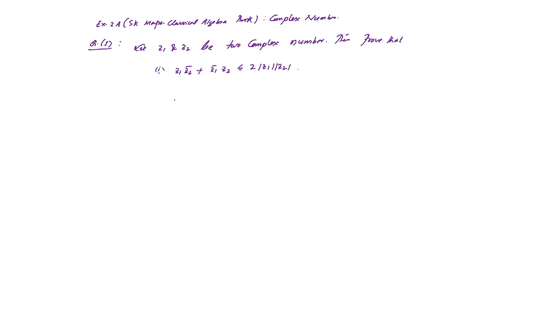So first we will prove question 1, Roman 1, then we will continue with Roman 2 and Roman 3. So the proof is basically here. Just think about the left hand side. Left hand side is basically z1 z2 bar plus z1 bar z2.